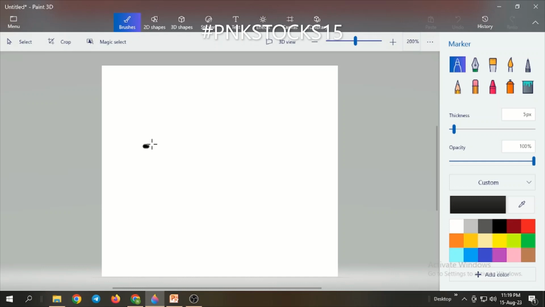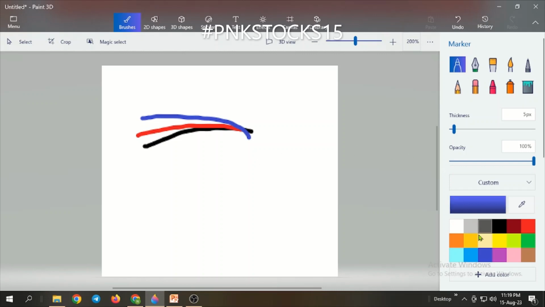So this is 21 EMA, this is 13 EMA and this is 5 EMA.